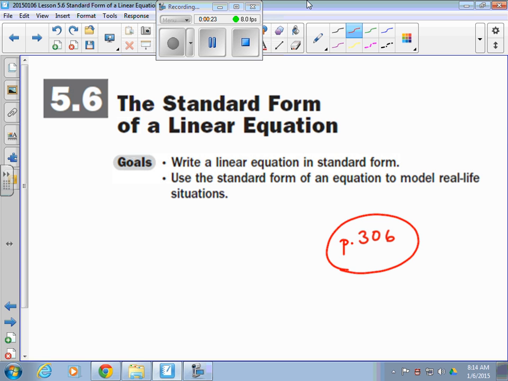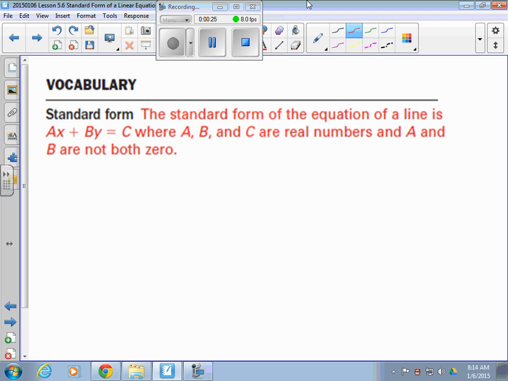It begins on page 306. Standard form is Ax, that means something times x, plus By, that means something times y. Don't think you're going to write the letters A and B. It's just a number value, an integer value, plus By is equal to C, a different number value.